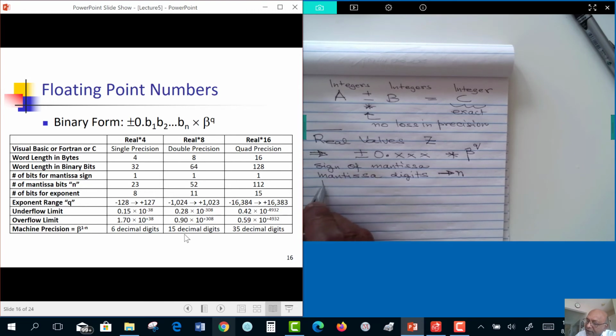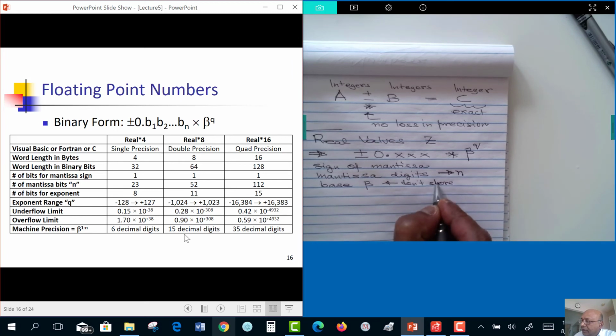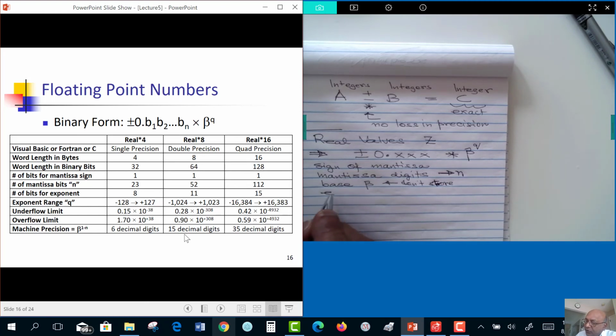Then, of course, we have base beta, but we don't need to store it, because for every machine this is fixed, for every real value we store. But we also need to store this exponent q.